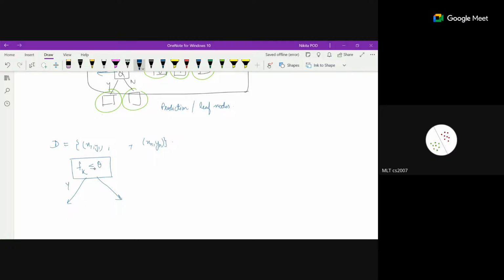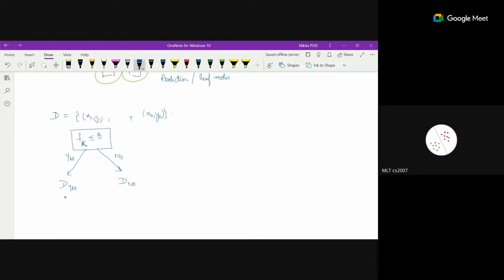If the condition fk less than or equal to theta holds, then all the data that goes there, let's call it Ds. And all the data points for which it didn't satisfy this condition, let's call it D no. So in Ds you will have some set of data points, and in D no you will have another set of data points.